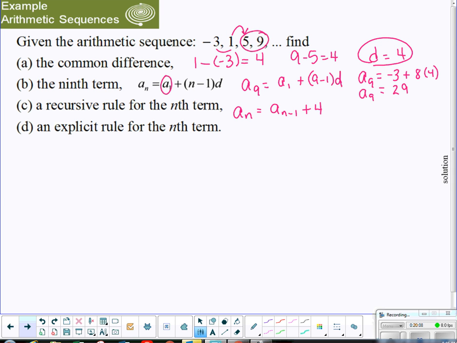An explicit rule would say now I can jump right into a particular term value, maybe I want the 7th term, a sub 7. Well, I'd have common differences.